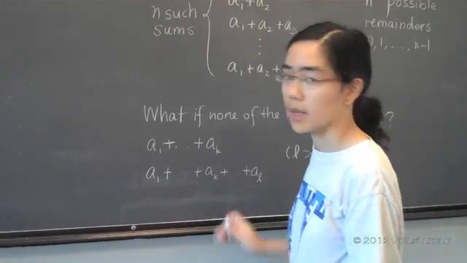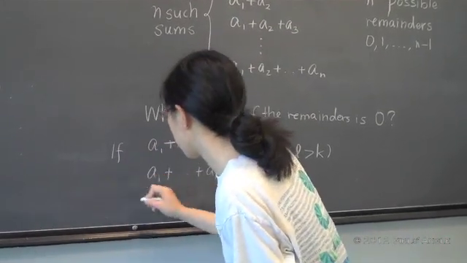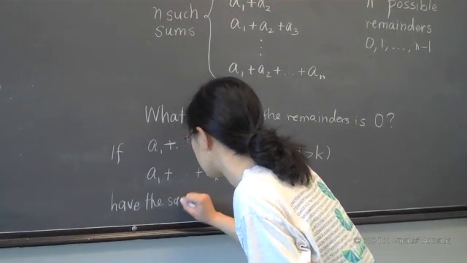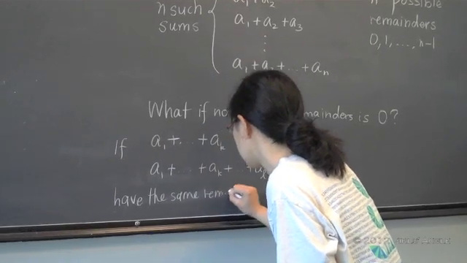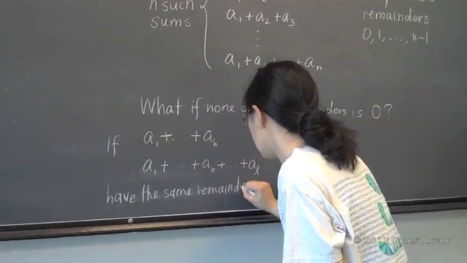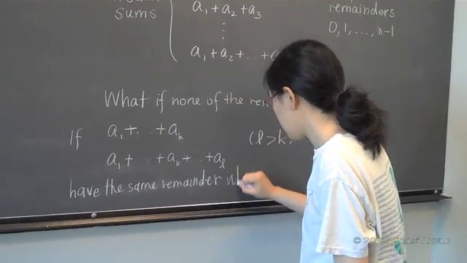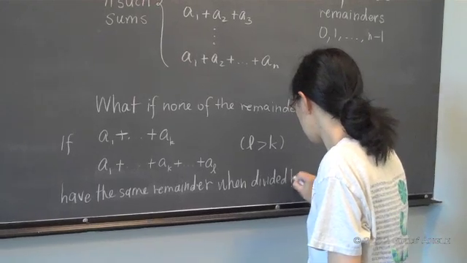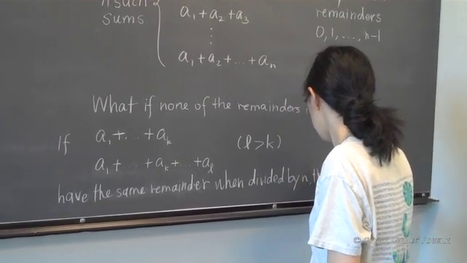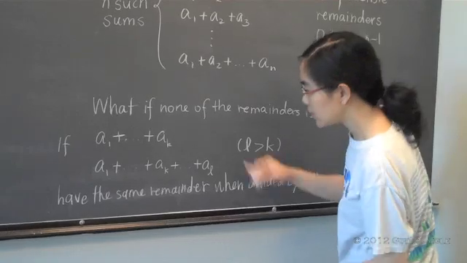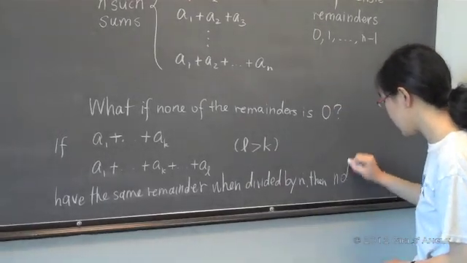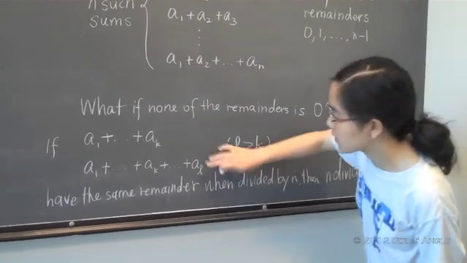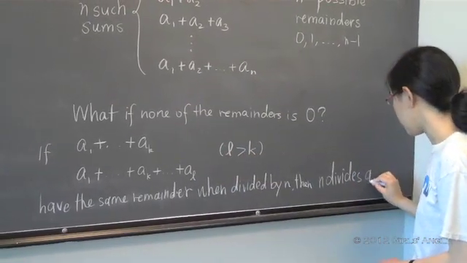If these two have the same remainder when I divide by n, then we can conclude that n divides the difference of the two, which is also a contiguous subsequence.